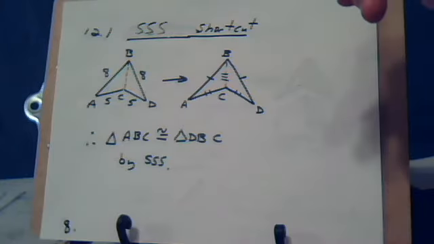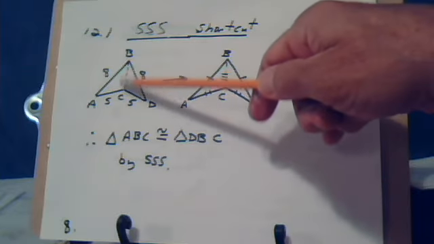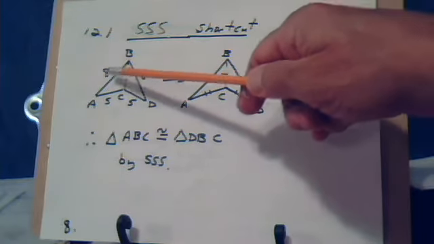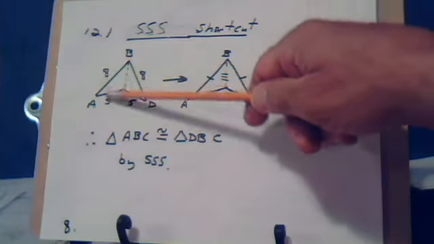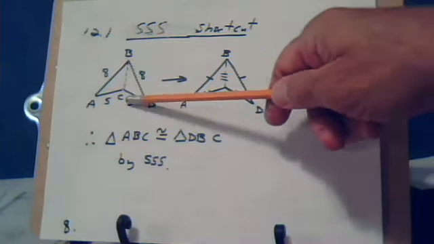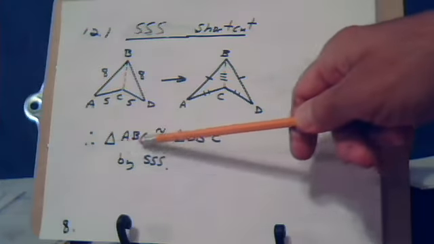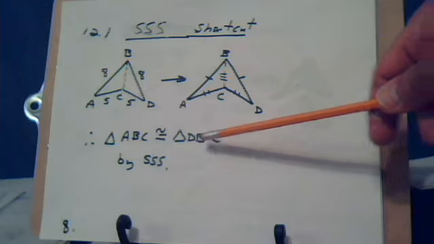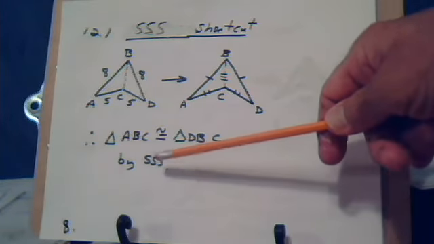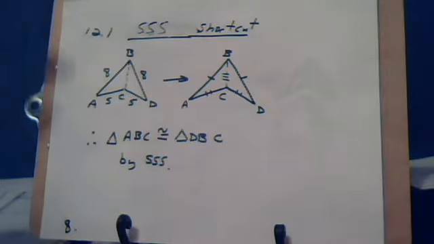We're missing one side. But since they're sharing this side, it counts as being congruent, and it belongs to both triangles. So we have SSS, SSS. So triangle ABC is congruent to triangle DBC by SSS. That's the reason, SSS.